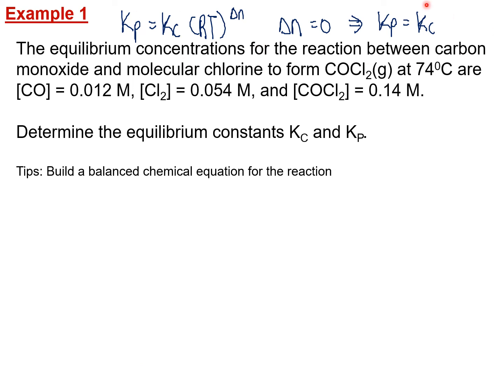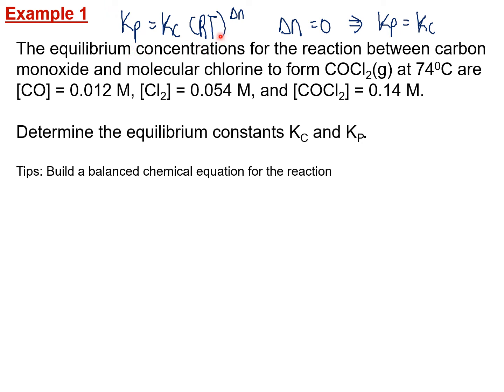So, untuk this kind of formula and information, you can look at jenis question example 1 ni. Dia bagi tahu equilibrium concentrations for reaction between carbon monoxide and molecular chlorine to form COCl2 at 74 degrees Celsius are as follows. Okay, dia suruh kamu determine the equilibrium constants Kc and Kp. Kat sini lah baru kamu boleh gunakan this kind of formula.